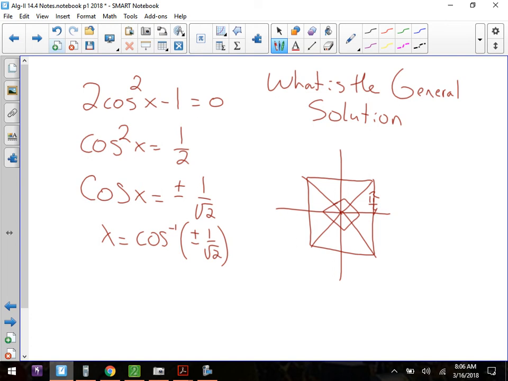So the most generic way to write this would be pi over 4 plus pi over 2 n, because pi over 2 is 90 degrees. This is the only time that you can use pi over 2. It's the only one that occurs like this.